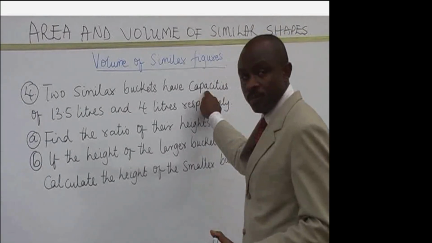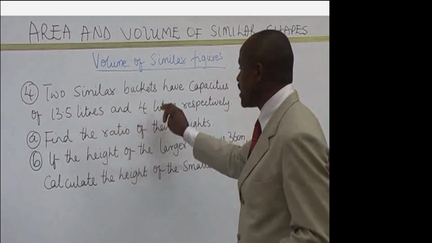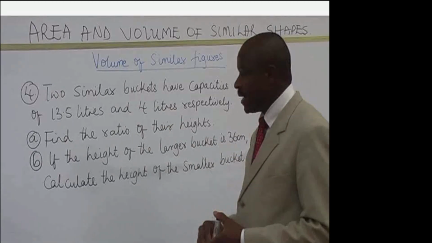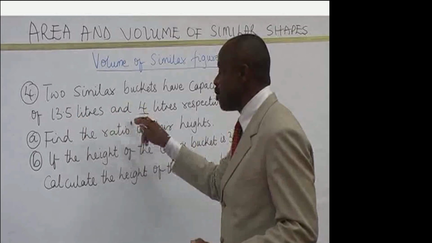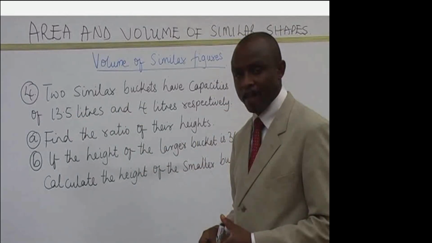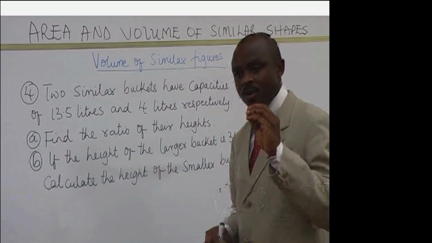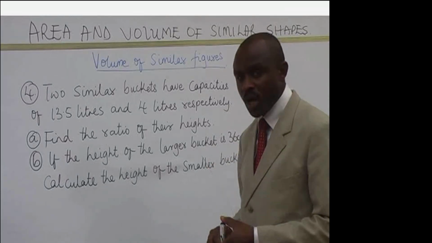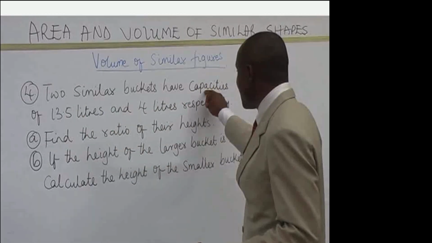Capacity means volume, of 13.5 and 4 liters. These are automatically the volume factor, and from there you can have the ratio of the volumes because they are representatives of the volumes.